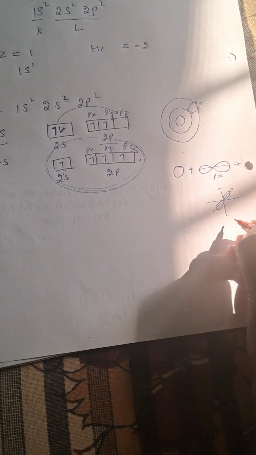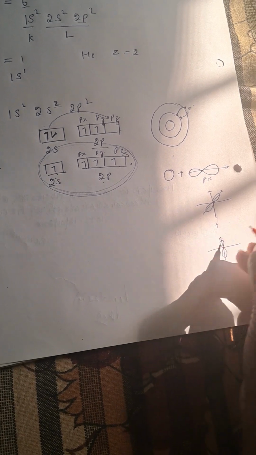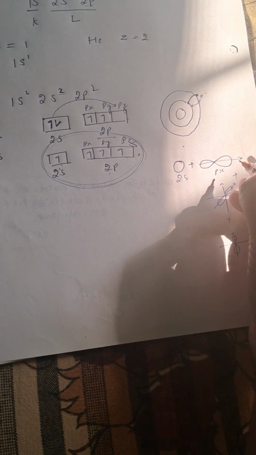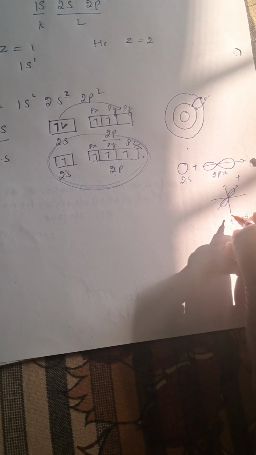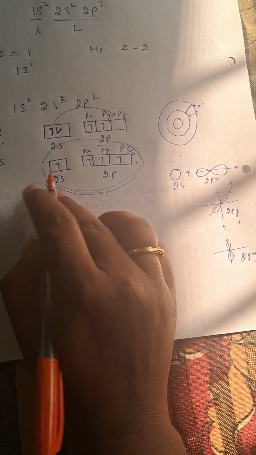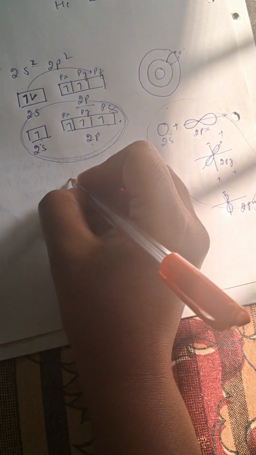These 3 p orbitals along with the 2s orbital undergo hybridization. When they combine together, they don't keep their original shapes; they mix together to form a hybrid orbital, something like this.